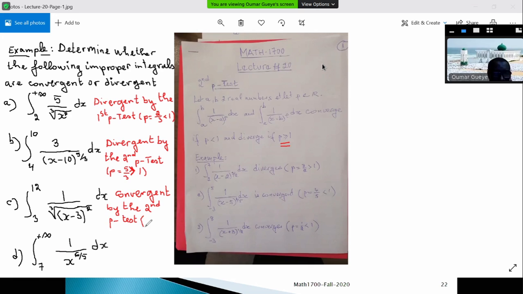In this case, p equals 2/3, and it's less than 1.